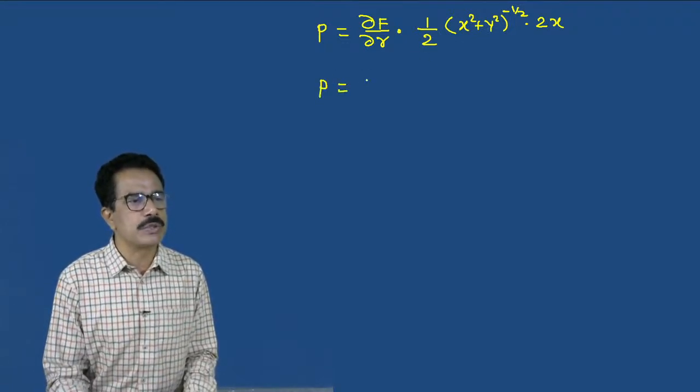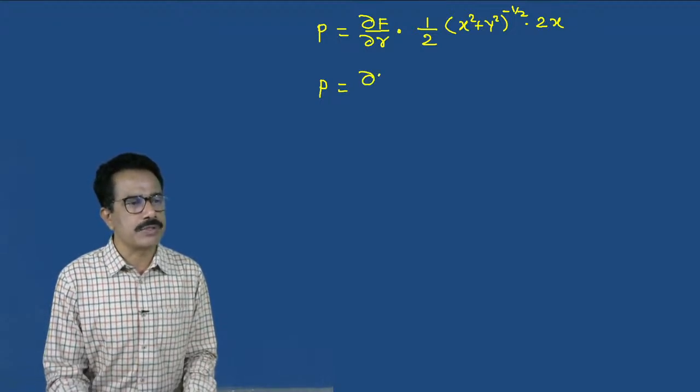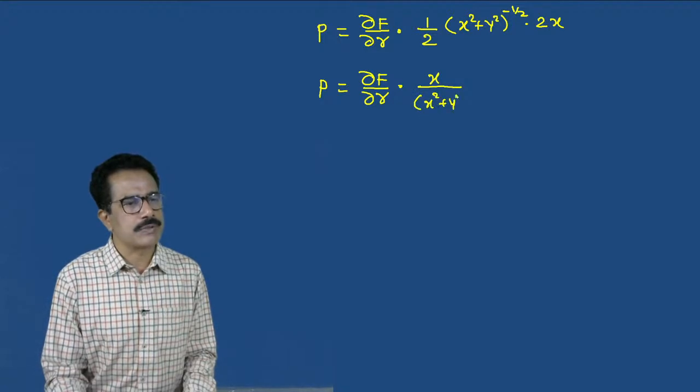So p, which means dou z by dou x, is equal to dou f by dou r into x divided by x square plus y square bracket raised to 1 by 2.